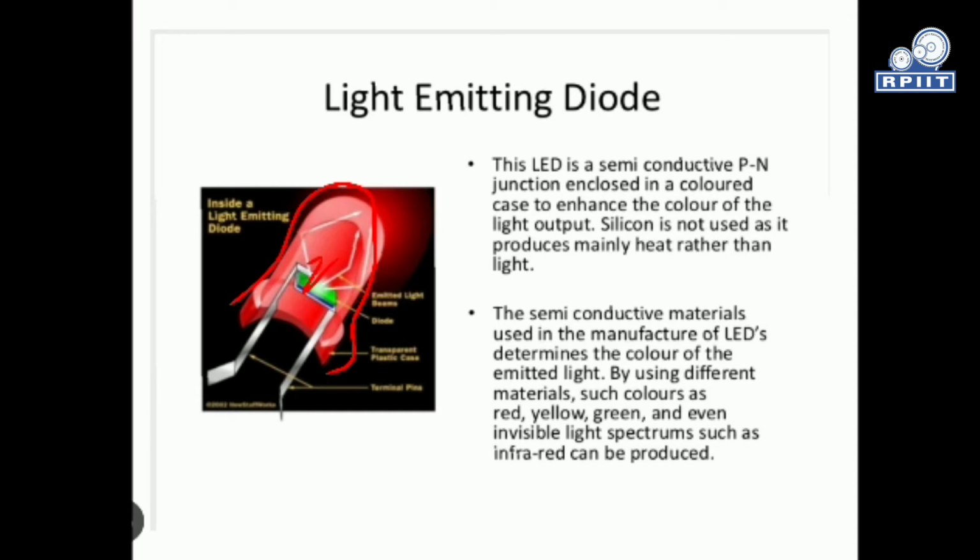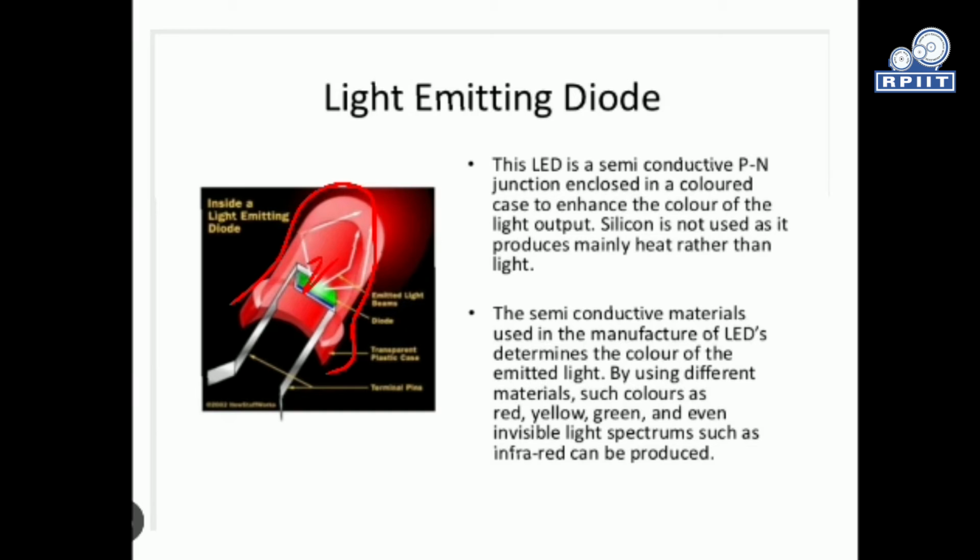Silicon is not mostly used to produce colors, because it produces heat rather than light. The semiconductor materials used in the manufacture of an LED determine the color of the emitted light. Different kinds of semiconductor materials like germanium, barium, etc. are used to produce the color of the emitted light.